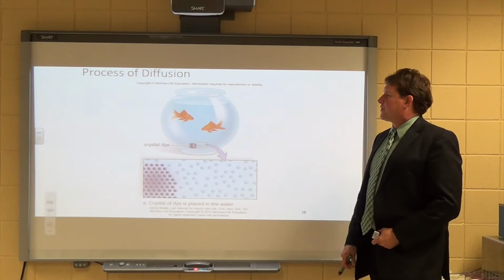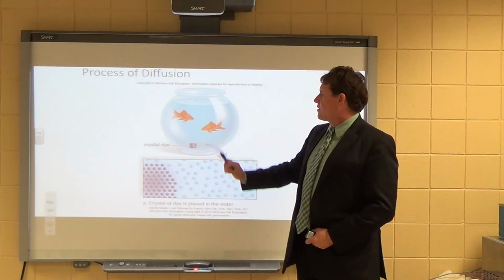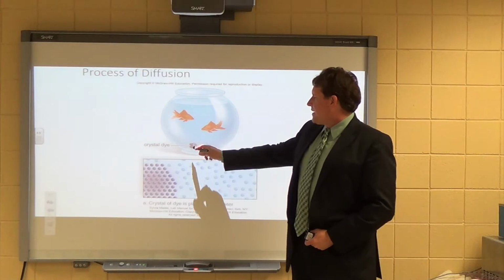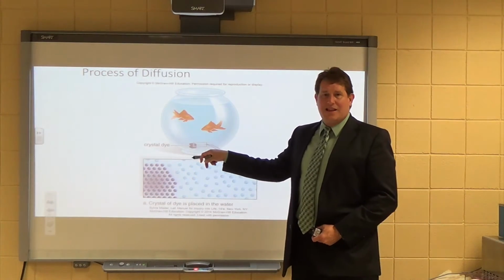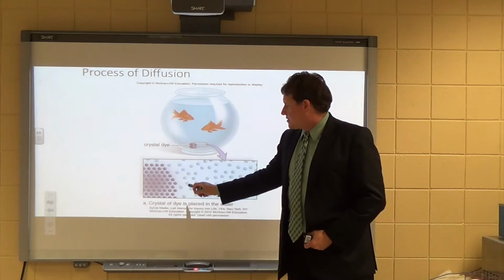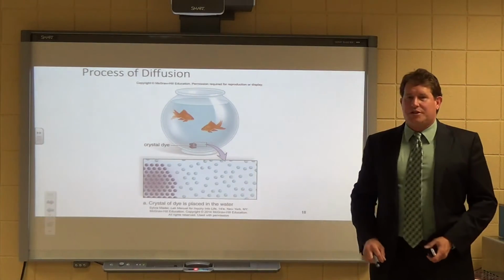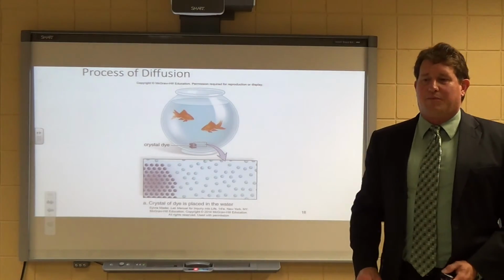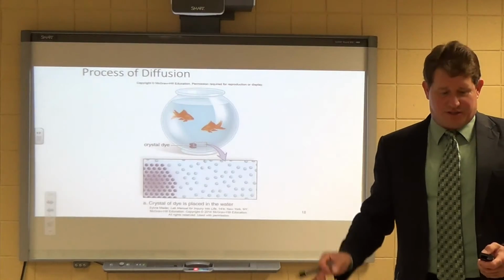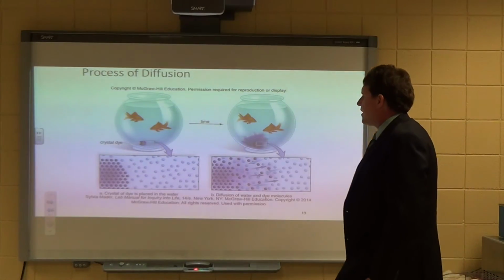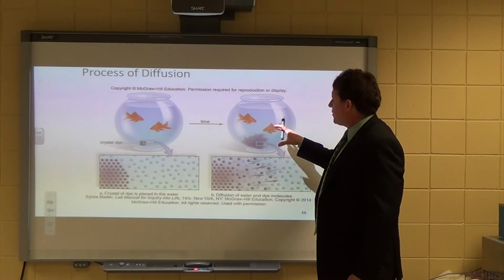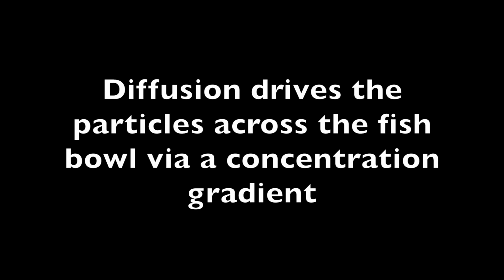So just looking at this for a minute, here's a dye in a goldfish bowl. You drop the dye in, here it's a solid. The solid starts to come off as the water molecules interact with it. The water molecules dissolve it. And over time, it diffuses more and more into the bowl. Diffusion is what drives the particles across the fishbowl via a concentration gradient.